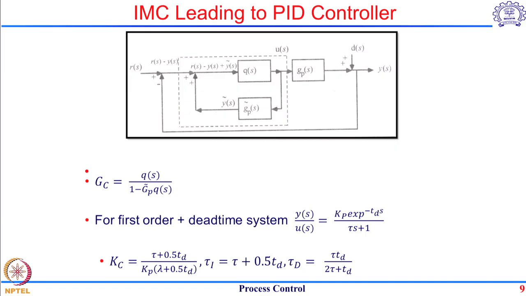And why is this still a model based controller? Because if you see this, your Kc is dependent on tau, Td and Kp, which are model parameters. Your tau I is a function of tau, which is also a model parameter. So, it is still a model based control. The only thing is that you are implementing this IMC as a PID controller.